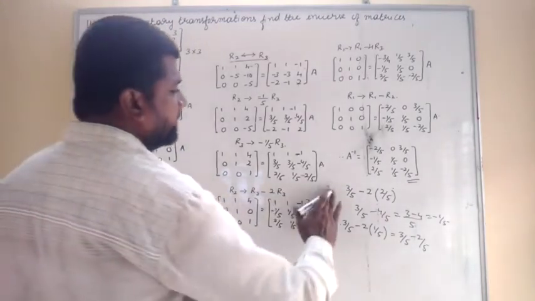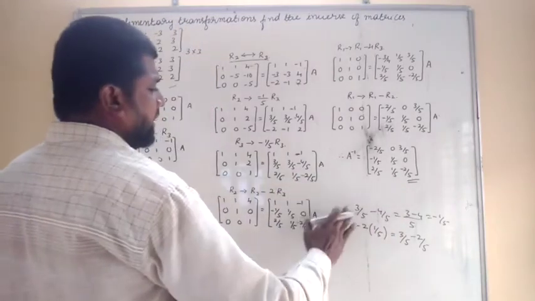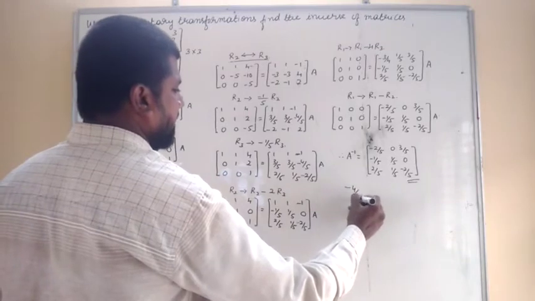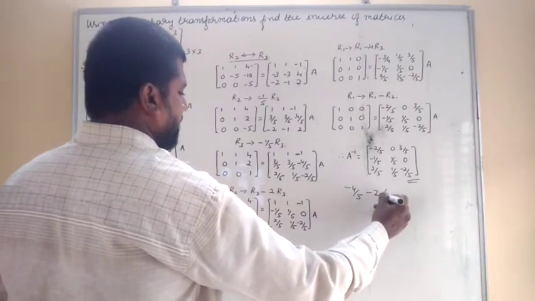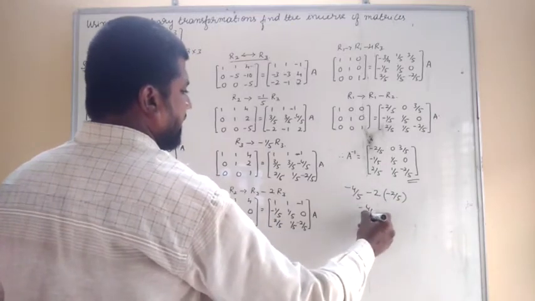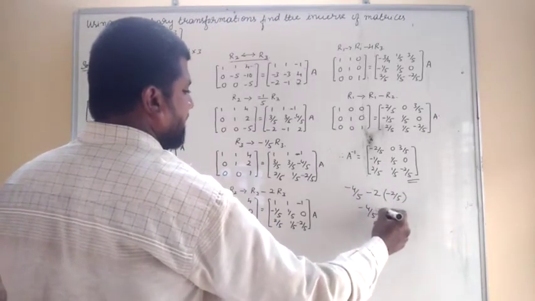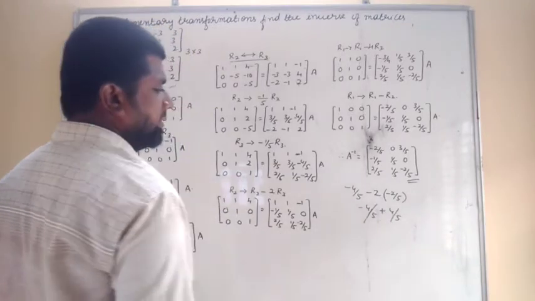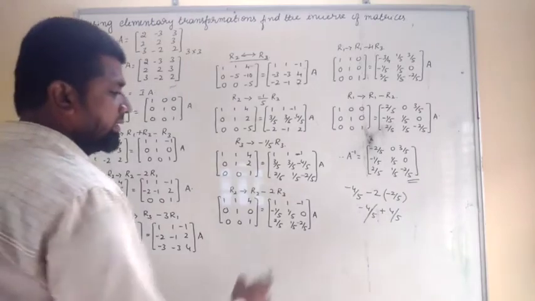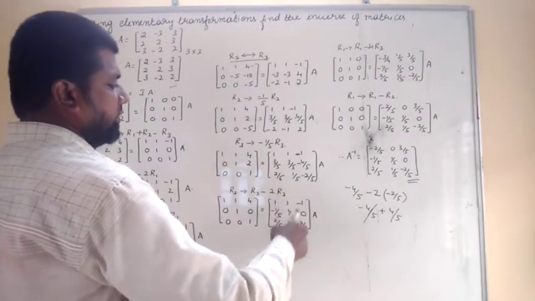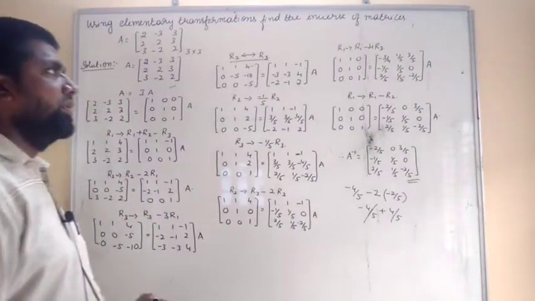Again the same thing: the third element is minus 4 by 5, subtracted with minus 2 into the R3 element, which is minus 2 by 5. Here minus into minus plus happens, so 4 by 5 gets cancelled. Minus 4 by 5 plus 4 by 5 cancel, you are getting 0. Then the third row you should write 2 by 5, 1 by 5, minus 2 by 5, same thing. Then let us go for the next step here.